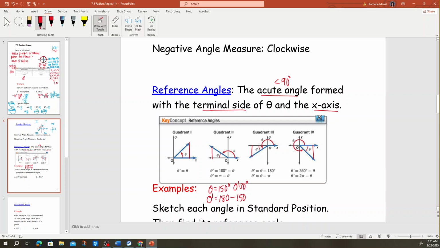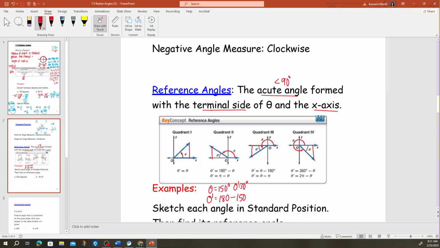What do you think you do to get this reference angle when your angle theta is bigger? Do you go down to 180? Close, you go to 180 and then you decide how much further. Since your angle's bigger, you do theta minus 180, or theta minus pi if it's in radians. These might be in degrees and these might be in radians.